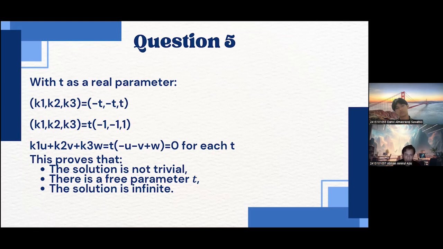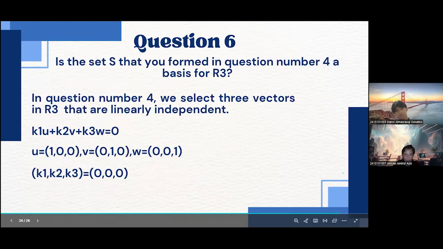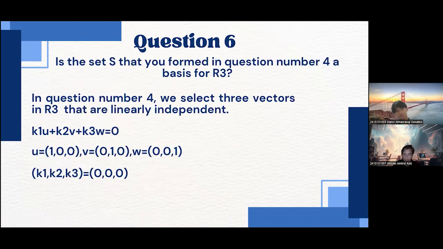So k1U plus k2V plus k3W equals t times minus U minus V plus W, which equals 0 for each t. This proves that the solution is not trivial. This is a free parameter t and the solution is infinite.